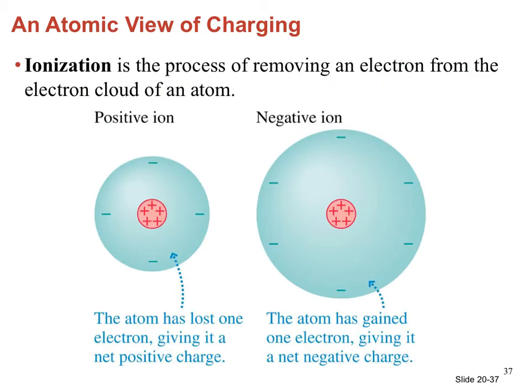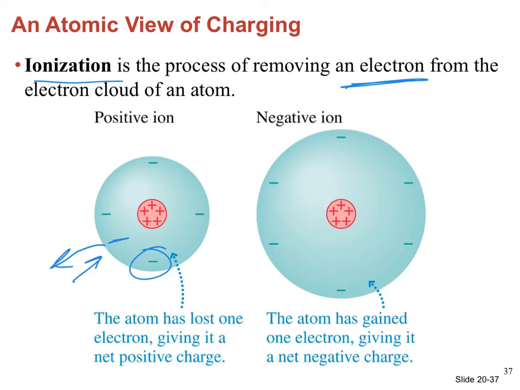In chemistry, you talk about this a lot. We'll talk about this briefly, but we can ionize an atom, and ionization is the process of removing electrons from the electron cloud. If we have a positive charge on the left here, that means one of the electrons that was in the cloud has been removed from that atom.